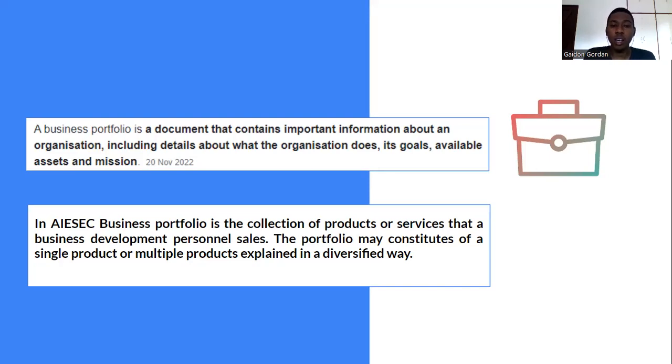So the aggregation of all those products and services that a business development person can sell to the external stakeholders is what we call a business portfolio. This portfolio may constitute a single product or multiple products, which I explained in a broad way. We'll be seeing what we mean by single product and how many products we have in ISEC.